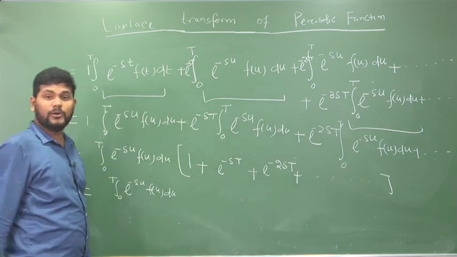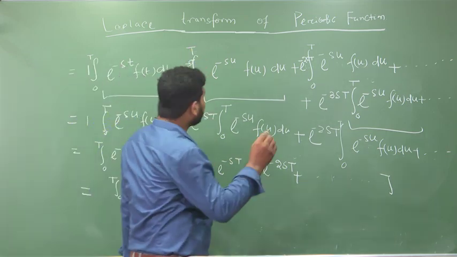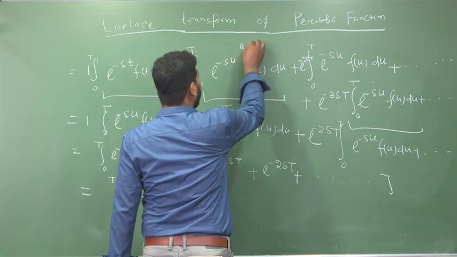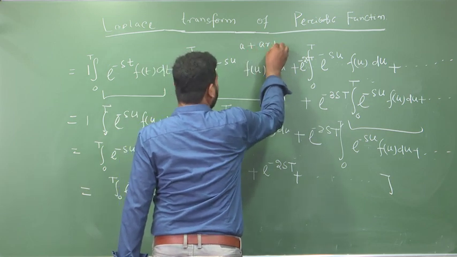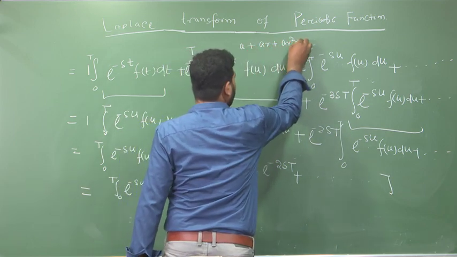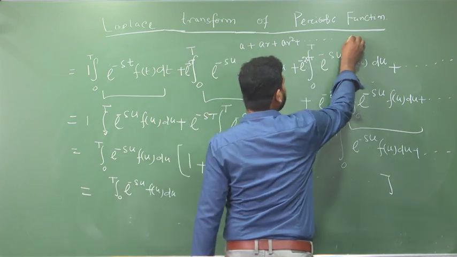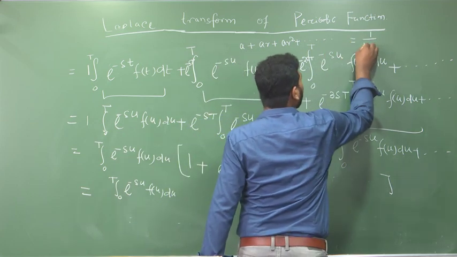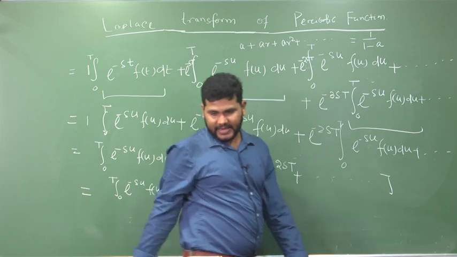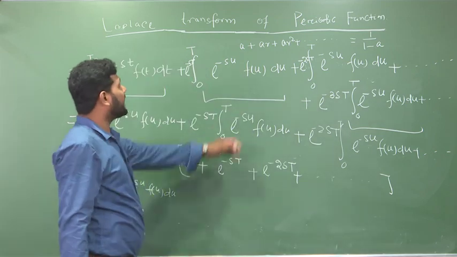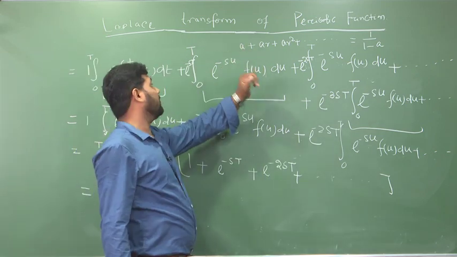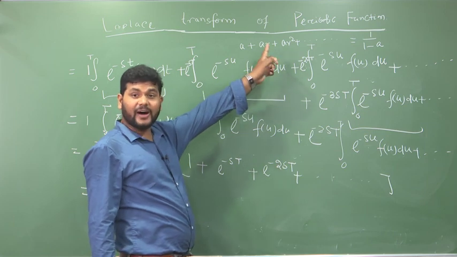And what is the value? So I am recalling you that a plus ar plus ar square up to infinity is a upon 1 minus r, where a is called the first term, r is called the common ratio.